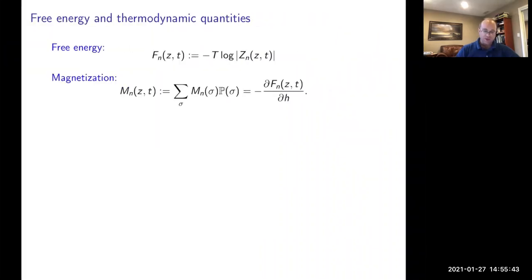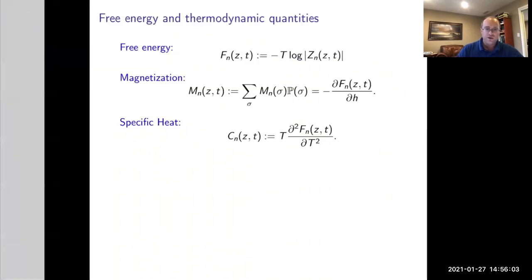And so you can actually compute the magnetization at finite n. It's the expected value of the magnetic moment of sigma over the Gibbs distribution. It's this nice derivative of the free energy. And so it's immediately related to the free energy in this nice way.